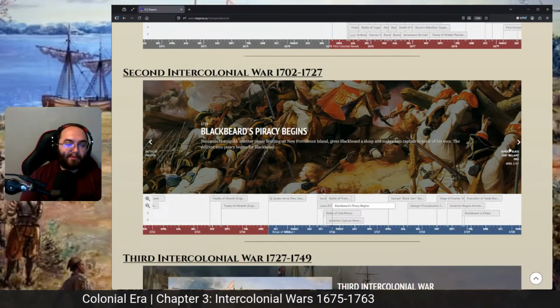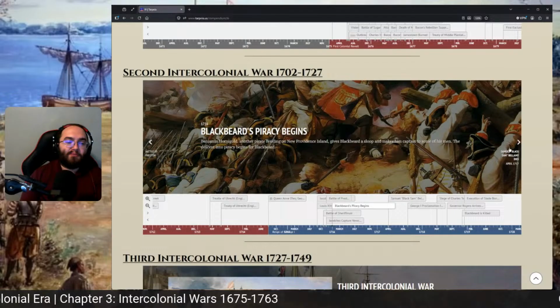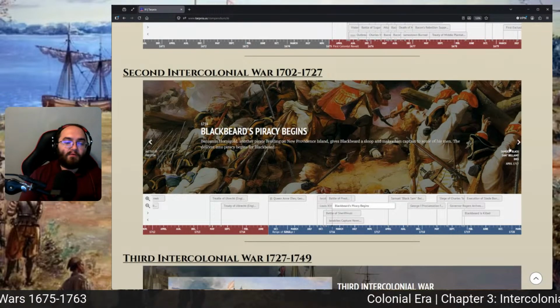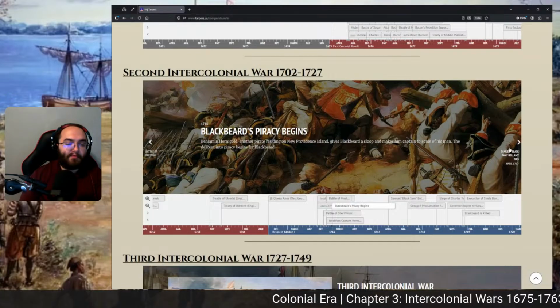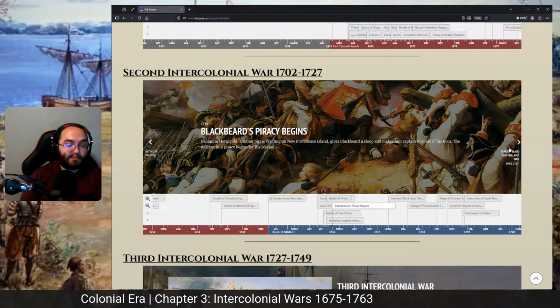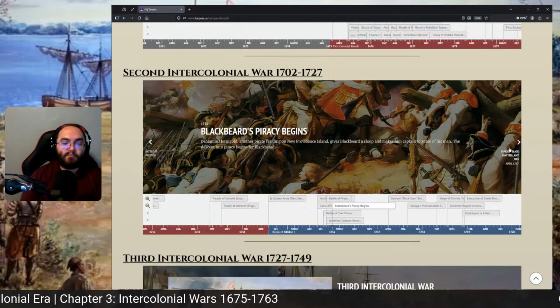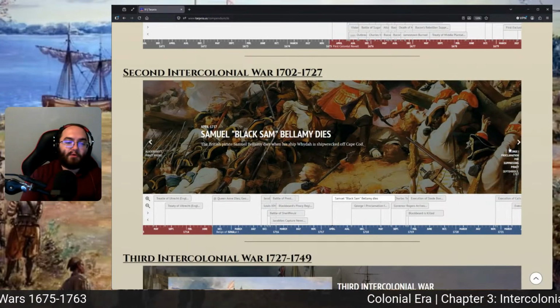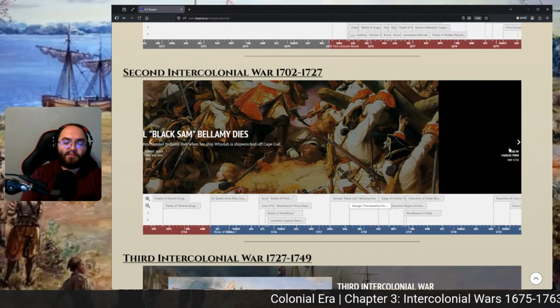And so Blackbeard and other people like Blackbeard will become pirates. Benjamin Hornigold, Blackbeard, and a few others that we have. Samuel Black Sam Bellamy is another one.